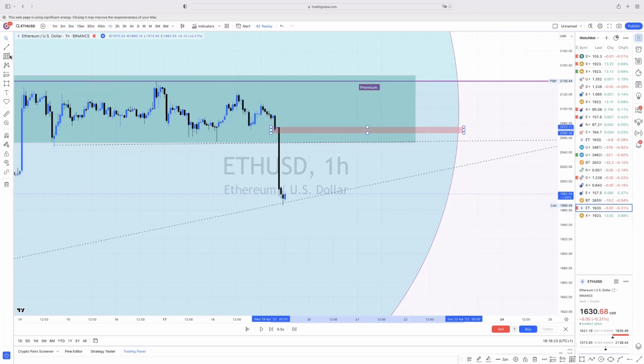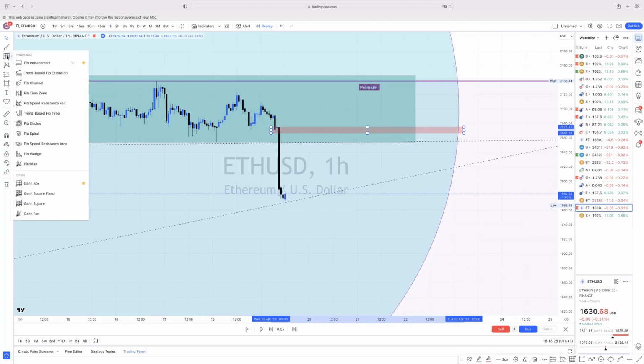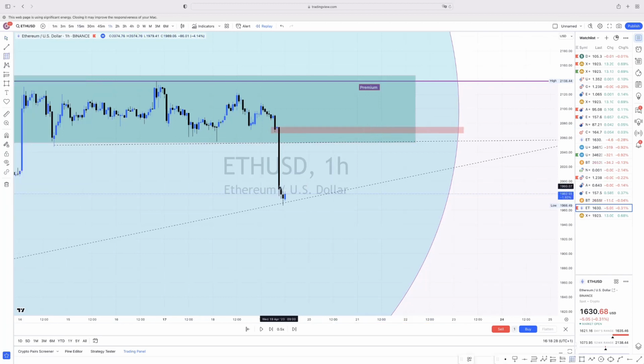But the next thing I want to see is if I can get a fair value gap. The first fair value gap I can get is between here. A fair value gap is a 3-candle price action where you see an imbalance and connect the high of the first candle to the low of the third candle.